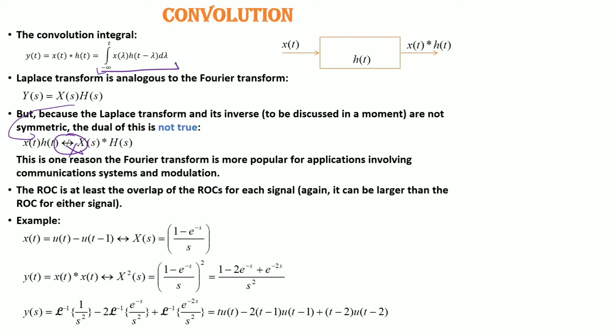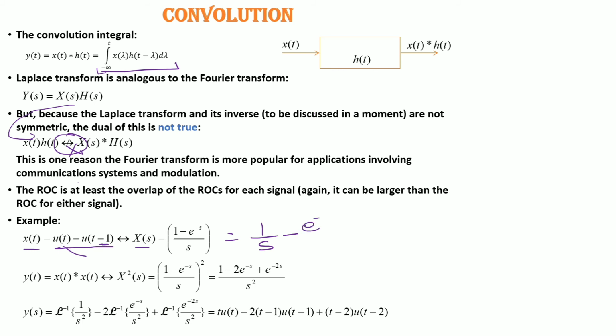suppose we have a function x of t, and that is u of t minus 1. Then what will x of s be? 1 minus e to the power minus s, divided by s. How do I find it? Simple. For u of t, it will be 1 by s, minus, and we are seeing here a time shift.